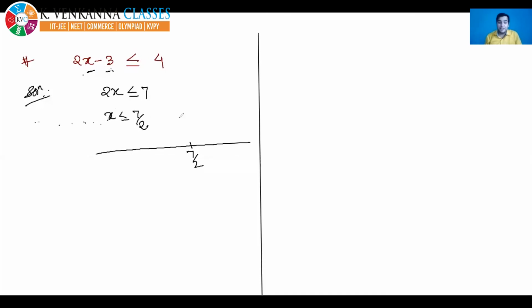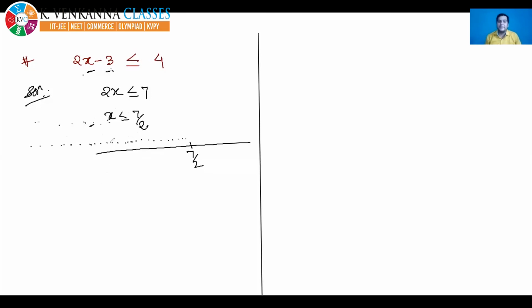You will be very much clear by this number line. Everyone look at the board. X is smaller than 7 by 2. What is the least value? It can move up to minus infinity, because the lower limit of x is not given here.